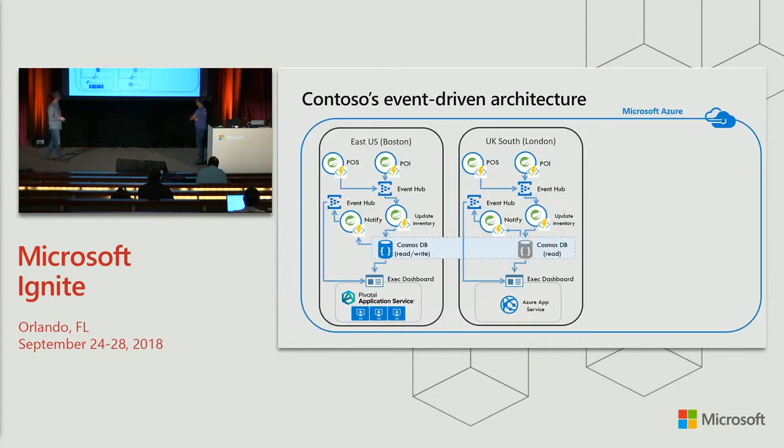Now, Asser's team did a pretty terrific job building this architecture, which we're going to demonstrate for you in a moment. Do you want to talk through some of the core components here? Yeah, so imagine you're running a coffee shop, right?